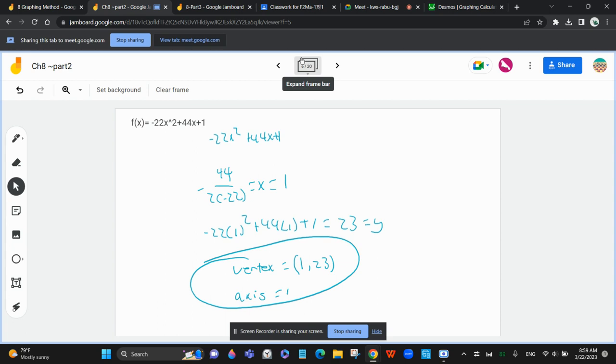And the next one, okay, 1, and then plug in, we get 3. So the vertex is (1, 3), and then the axis is 1.